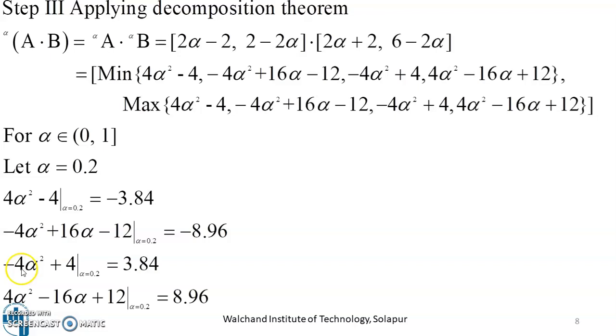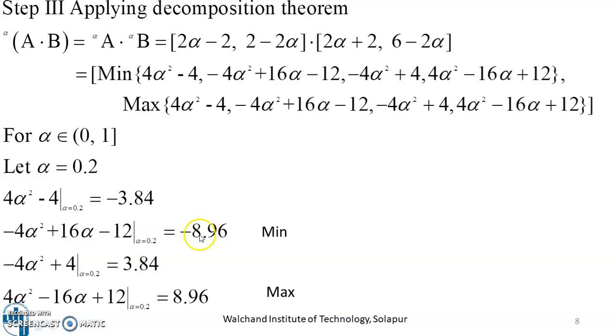The third expression, minus 4 alpha square plus 4 at alpha equal to 0.2, is 3.84. And finally, the fourth expression, 4 alpha square minus 16 alpha plus 12 at alpha equal to 0.2, is 8.96. Now we can easily see that minus 8.96 is the minimum one, and plus 8.96 is the maximum one.